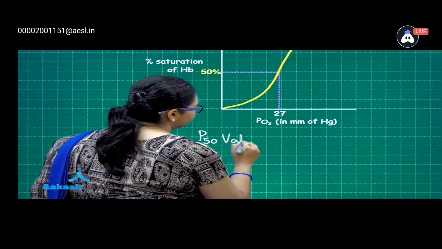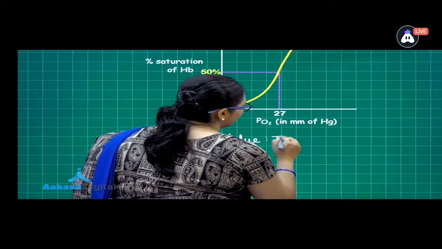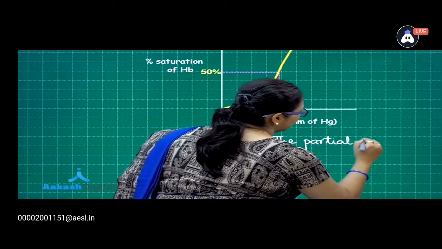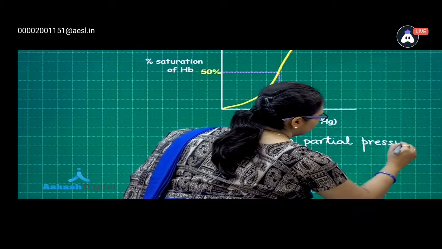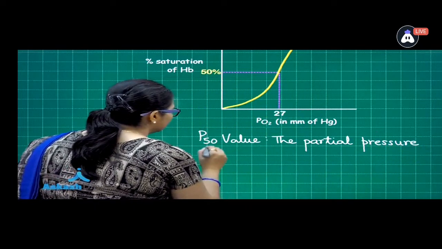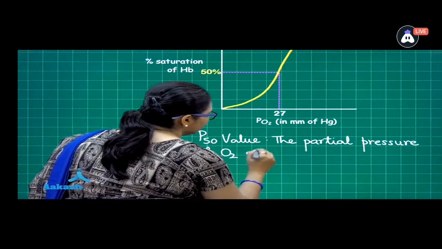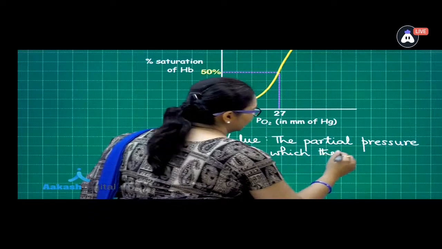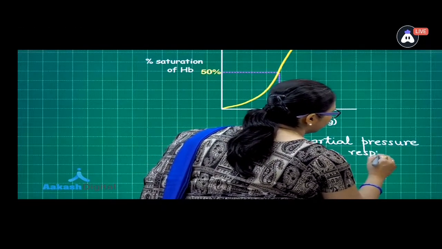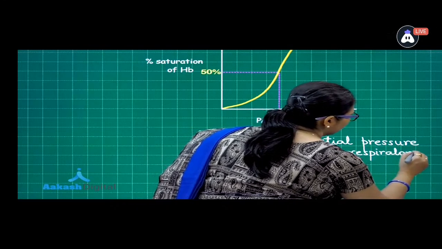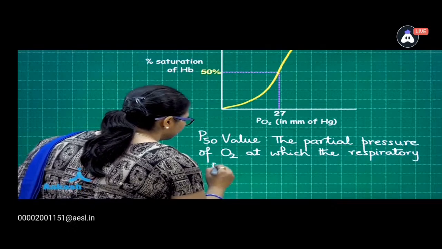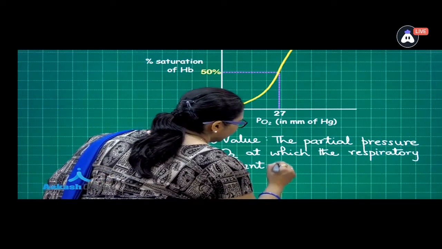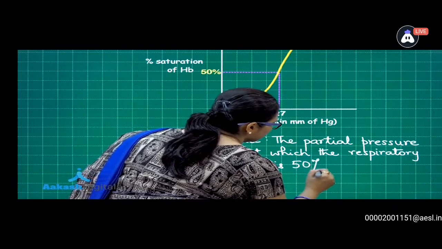P50 value is the partial pressure of oxygen at which the respiratory pigment, and in our case this respiratory pigment is hemoglobin, is 50% saturated.